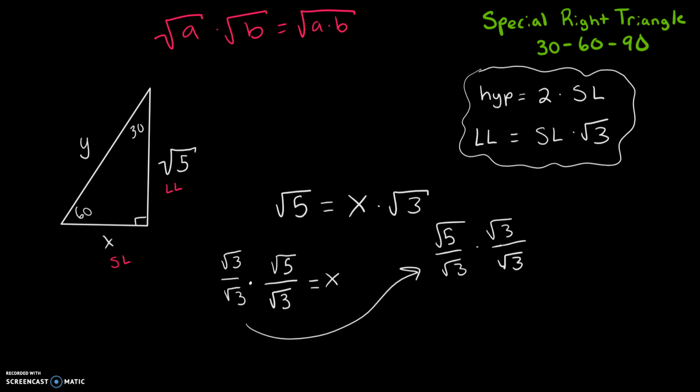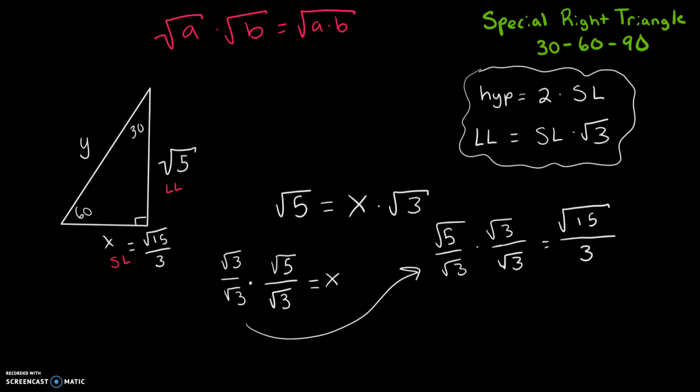So in this case, we have the square root of 5 times the square root of 3, and it will equal the square root of 5 times 3, which is 15. And the square root of 3 times the square root of 3, the square roots cancel out, and we are left with 3. And so this is our answer. As nasty as it looks, that is what our short leg equals. So x equals the square root of 15 over 3.